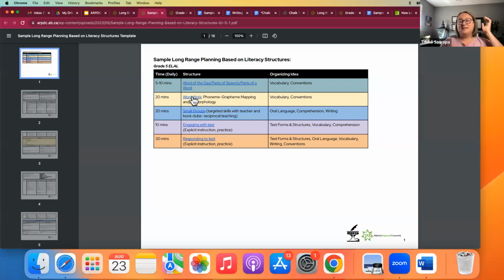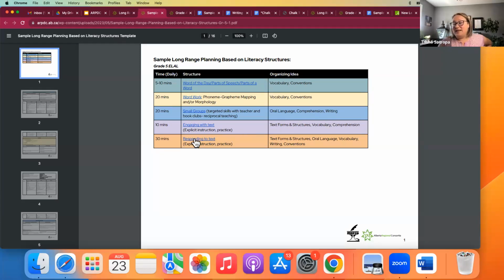Medicine Hat Public does a lot of work with morphology. So this teacher spent 20 minutes on her word work, which is longer than some that I've seen, but it's working for her, so that's great. Then 20 minutes of small group, 10 minutes of engaging with text, which covers text forms and structures, vocabulary, and comprehension work.